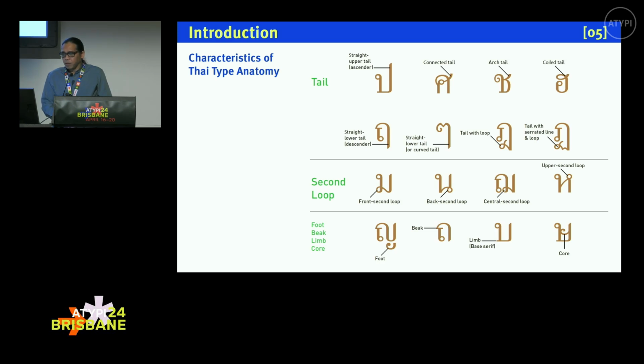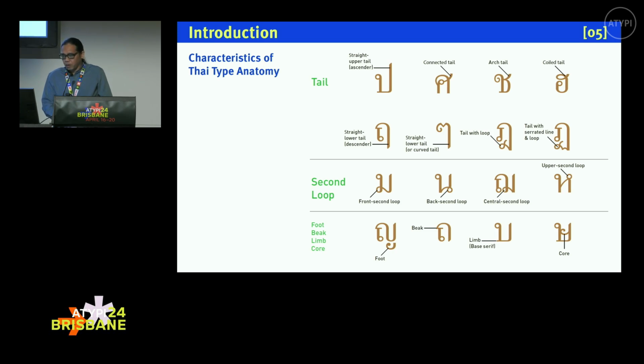For the tails, there are straight upper tail, also called ascender, and straight lower tail, also called descender, as well as connected tail, tail with loop, tail with slanted line and loop, coil tail, and arc tail.